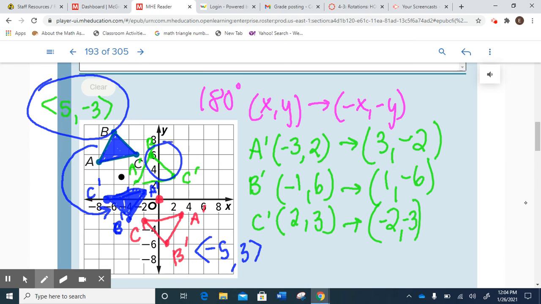These two were just stepping stones to get there. So when it's not the origin that it originally gives you, you have to do some extra steps by moving stuff in order to use your rule. And then once you use your rule, you have to move it back. So now we have a mapped out image of a rotation of 180 degrees.